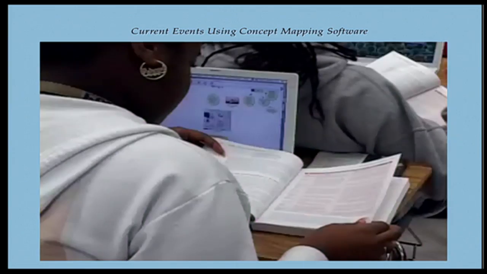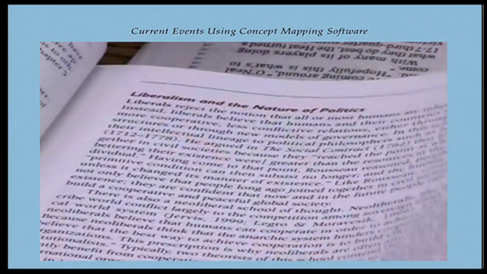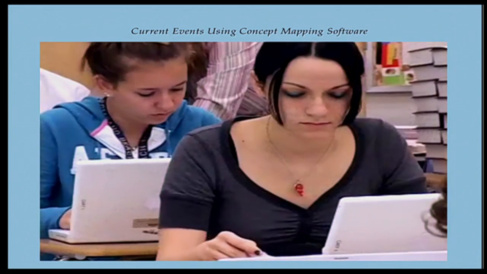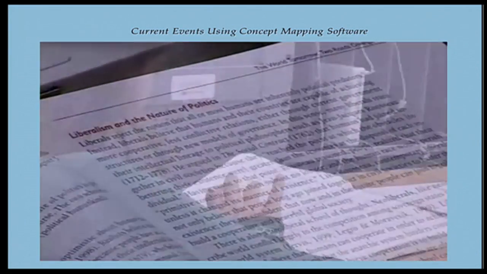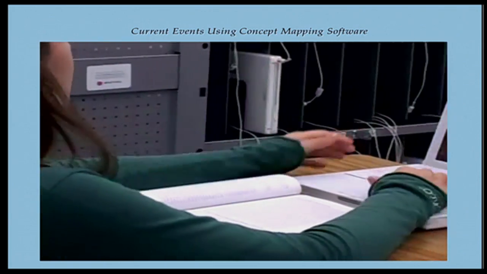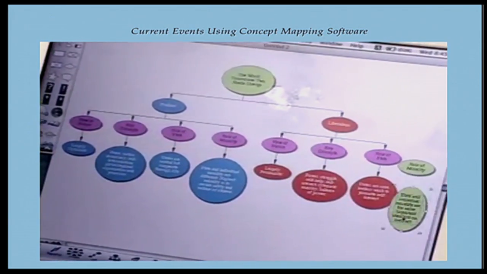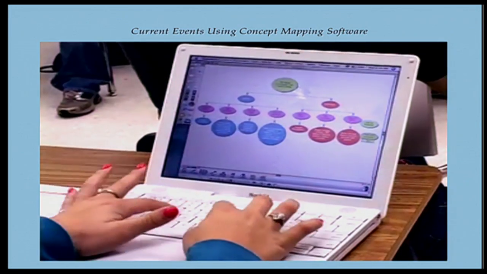Okay. Now they're taking their textbooks and the readings that they were supposed to have done over the past week on basic theories of international relations, mainly liberalism and realism, neoliberalism and neorealism, so they'll be able to use a concept map to define what the different topics are, the different theories within those topics.